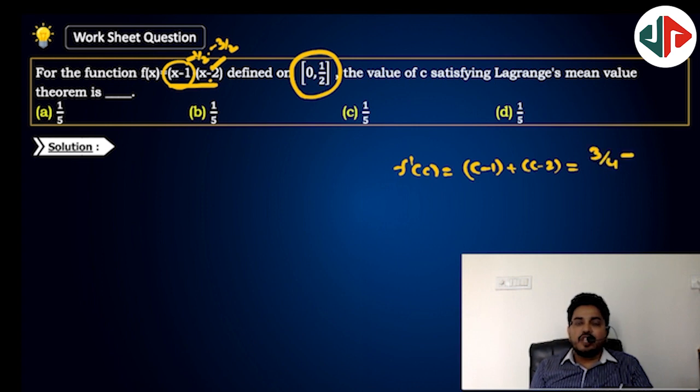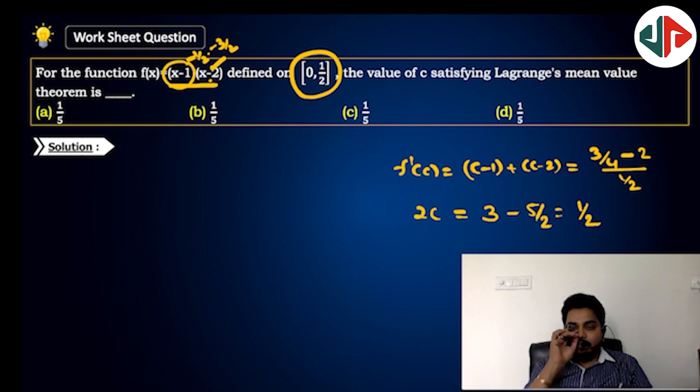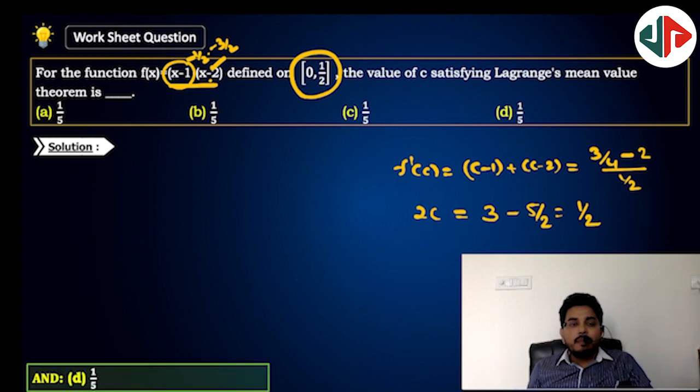So 2c minus 3 is equal to this value, minus 5 by 2, which is equal to 1 by 2. So c is equal to 1 by 4.